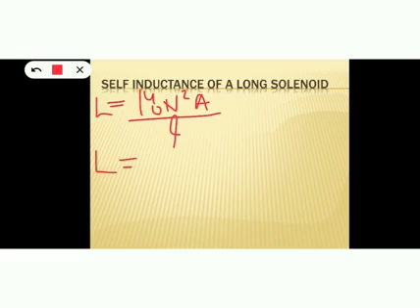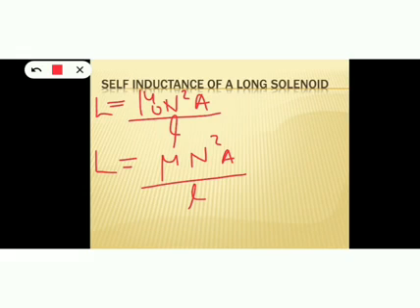Then self-inductance L will be equal to mu into N square A by L, because we know that mu naught is the permeability of free space, and we can use this expression only if the medium is air or vacuum. If the solenoid is introduced in any medium other than air, we should substitute mu instead of mu naught. Mu represents the permeability of that particular medium.